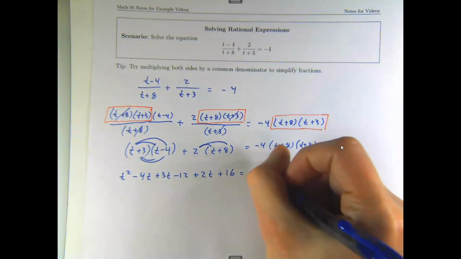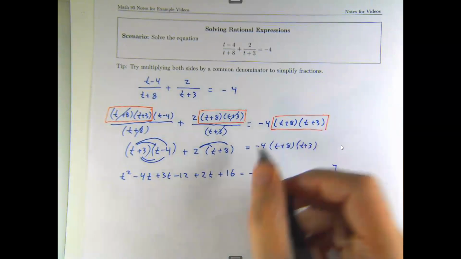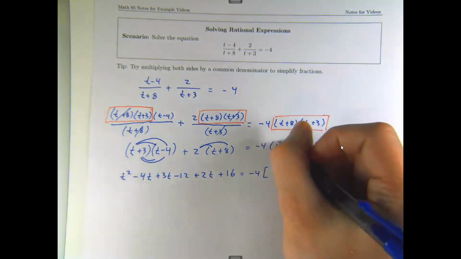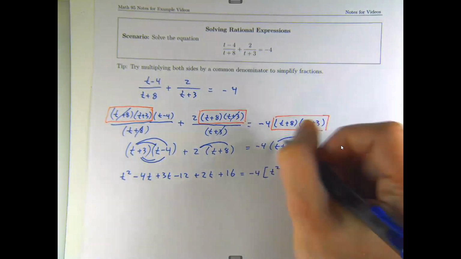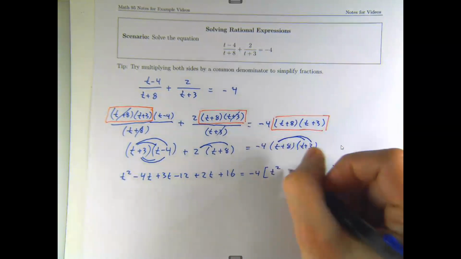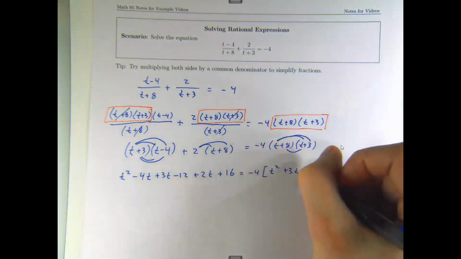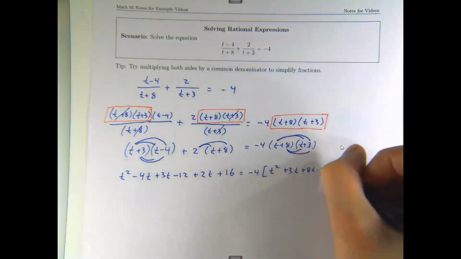I've got negative 4 times whatever I get when I multiply this out. I like to put the negative 4 on the outside and multiply the messier part first. T times t gives me t squared. T times 3 gives me 3t. 8 times t is 8t. And 8 times 3 is 24.